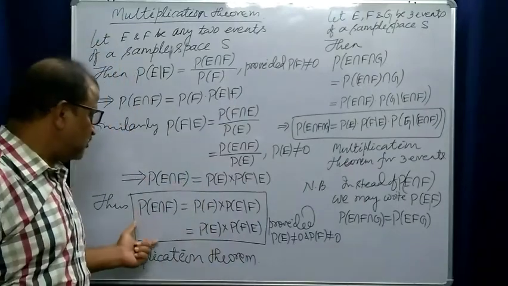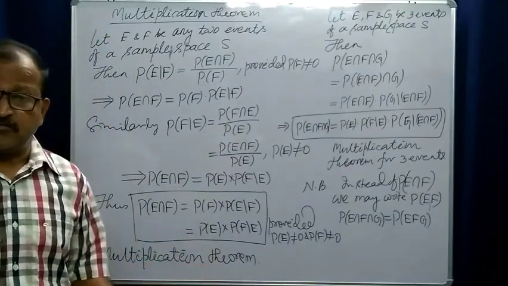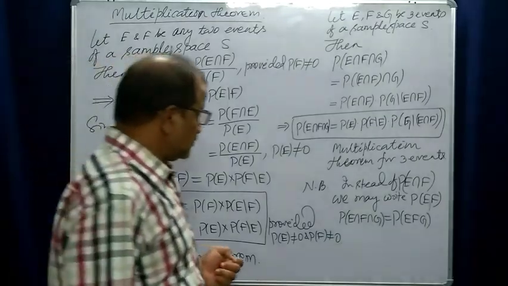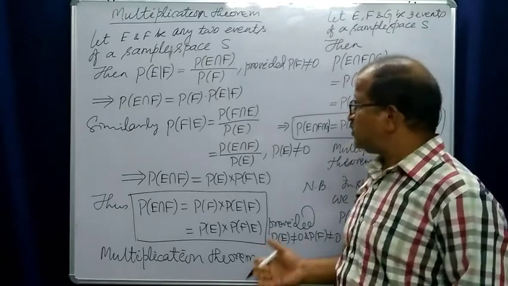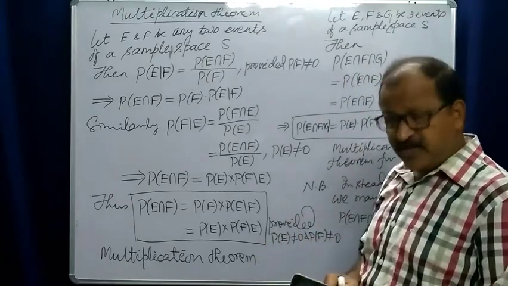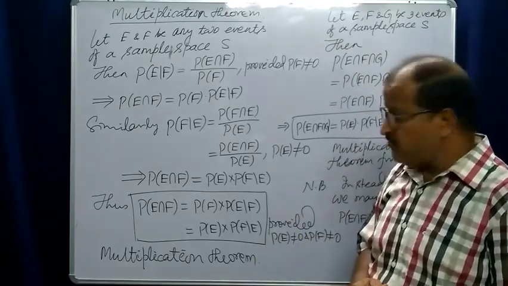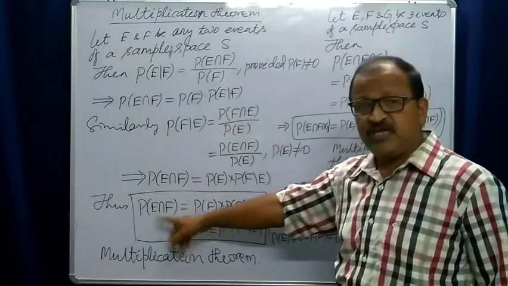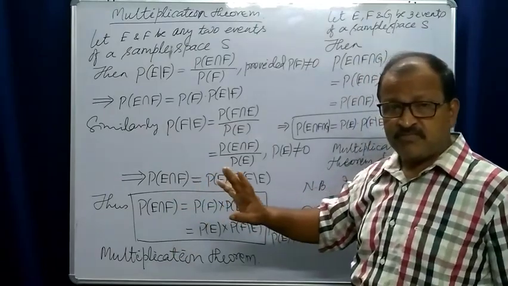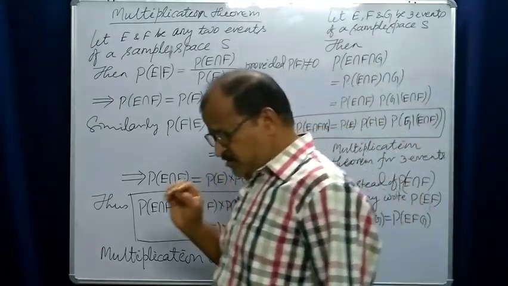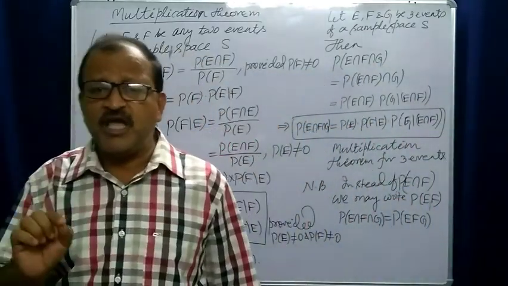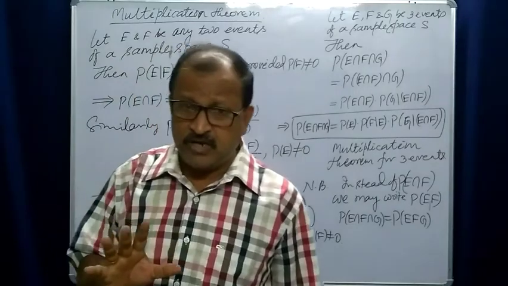So this is the multiplication theorem. Let us discuss some of the examples of your book so that it will be clear. If E and F are any two events, probability of E intersection F. E intersection F means it is the event where both E and F will occur, right?